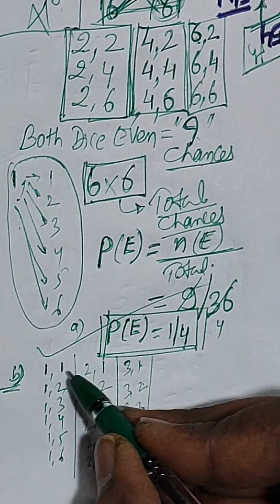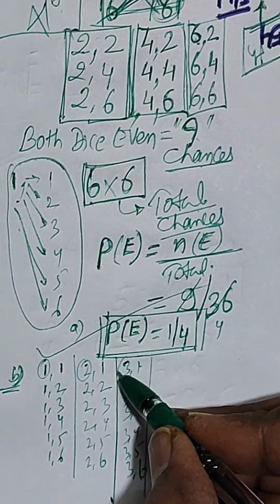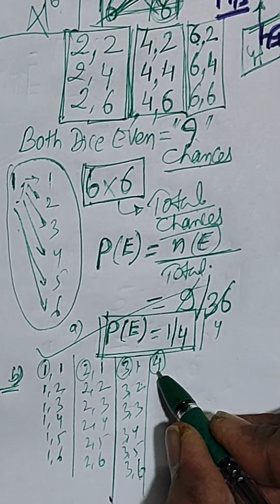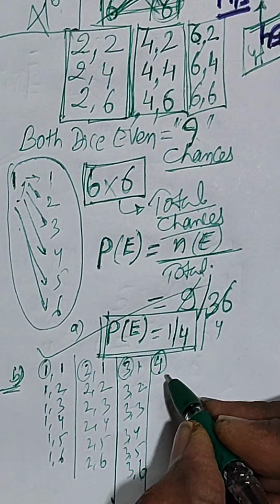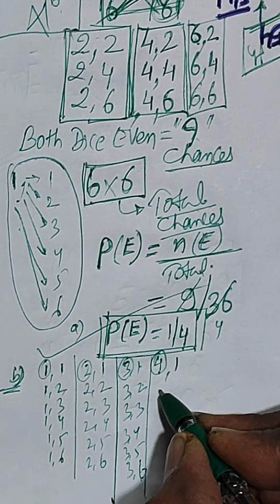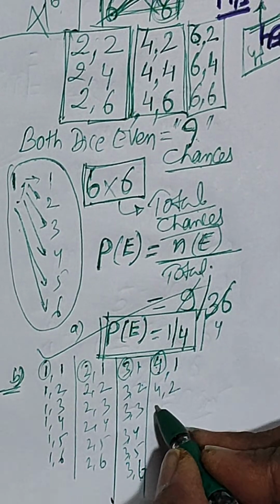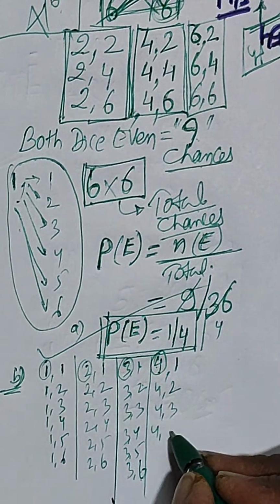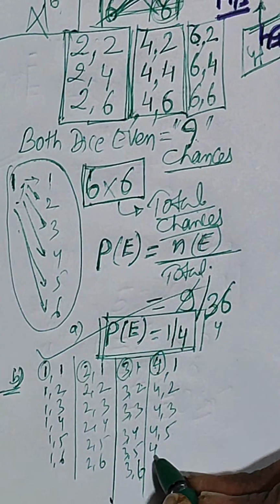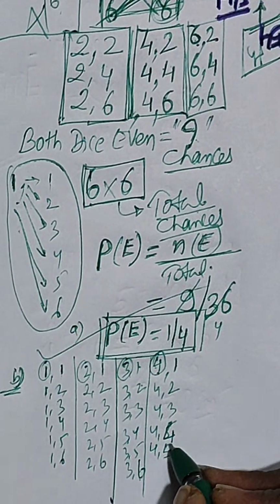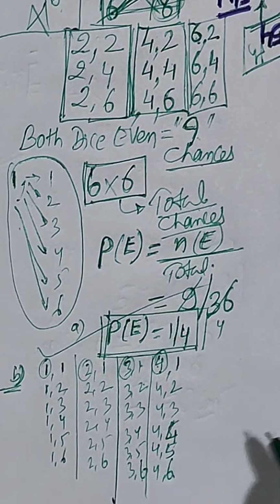Now we have taken 1, we have taken 2, we have taken 3 onto the first dice. Now take 4, when one of the faces of the first dice is 4. Then other options are 4 1, 4 2, 4 3, 4 4, 4 5 and 4 6.